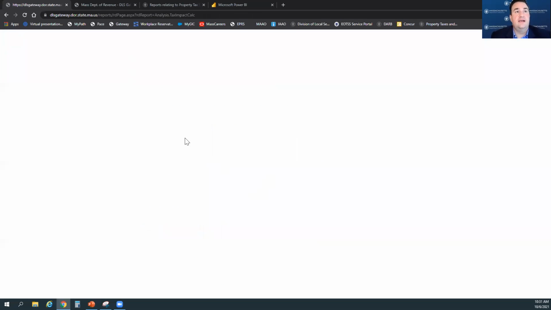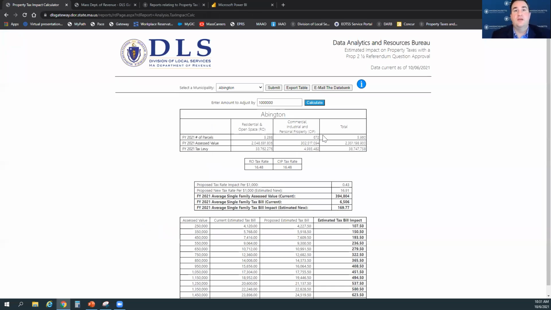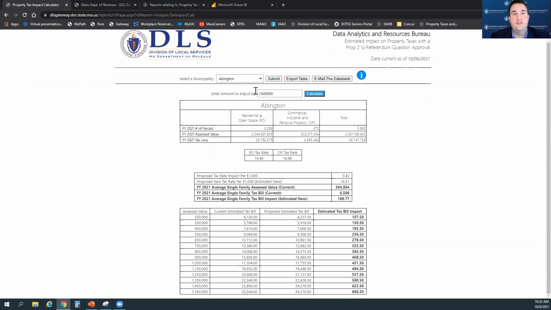This is actually a tool, and while I'm here, I just want to use this. This is something that I've used if you're looking at a debt exclusion or an override, or maybe you're a year out, maybe your finance director asked what the impact of valuations will be next year. This is a tool that you can use to see what the impacts of different adjustments to the levy are.